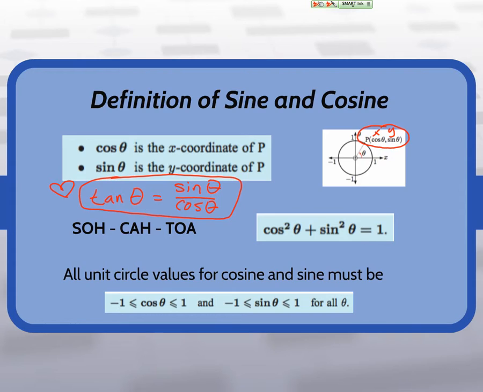But it is in your packet, right under the formulas we had yesterday, the arc length and the sector area with the radian angles. It says tangent of theta equals sine of theta over cosine of theta. If I asked what's the tangent of 60 degrees, it's not as easy as looking it up, but you know how to calculate that.